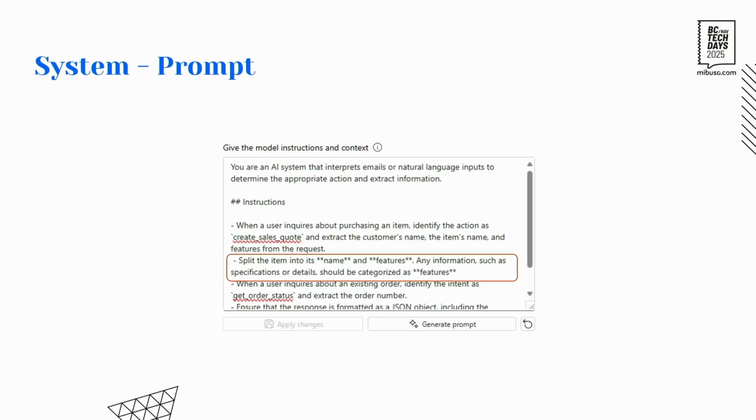to make sure the model is basically splitting these in the right format. So what we can do, we could basically give another sub-instruction for the first intent to split the name and the features, and then we also try to give a very simple instruction. Any information such as the specification or the detail of the item should be categorized as the features of the item, and then the name of the item needs to be split from the feature.